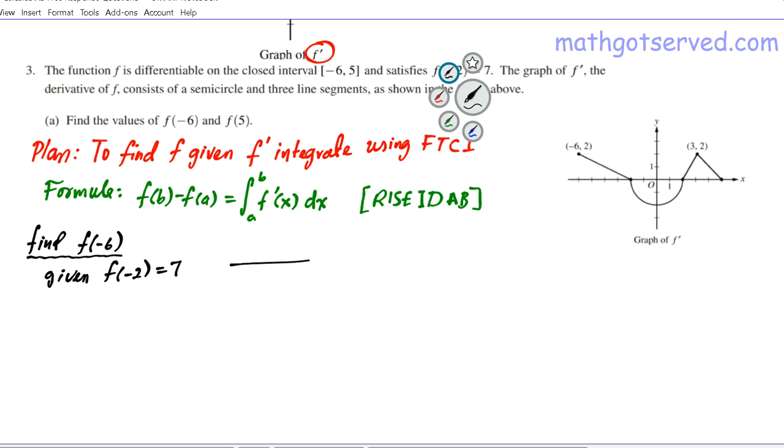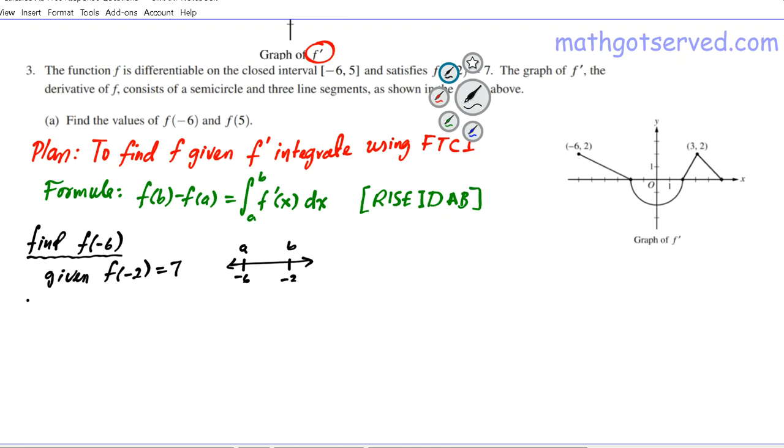Okay, so we have a number line. Which one is to the left of which? -6 comes first and then -2. All right, so when you're setting up your integrals, you want to make sure you're setting it up in ascending order. So which alphabet comes first? A, right? So this is A and that's B. Very important.